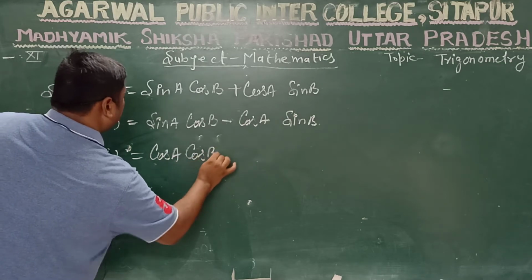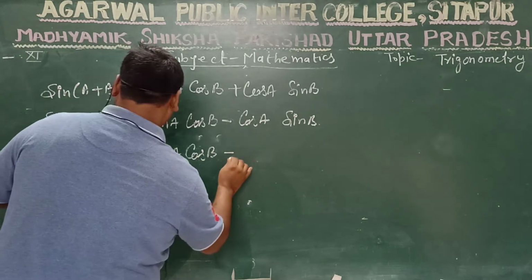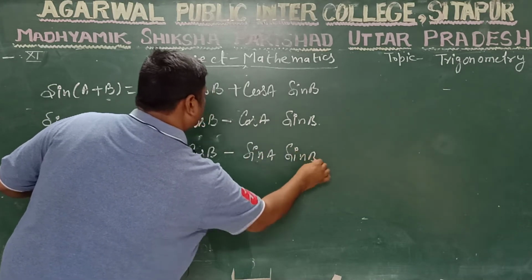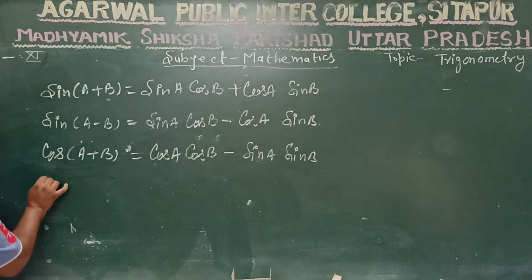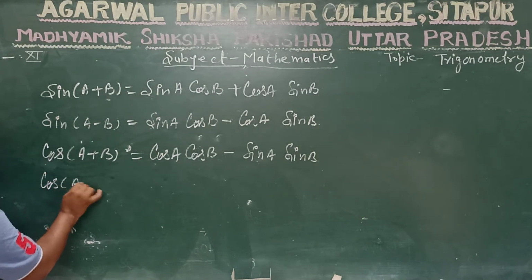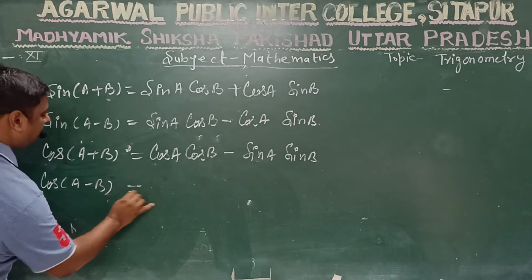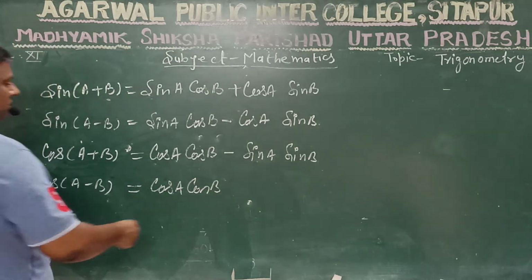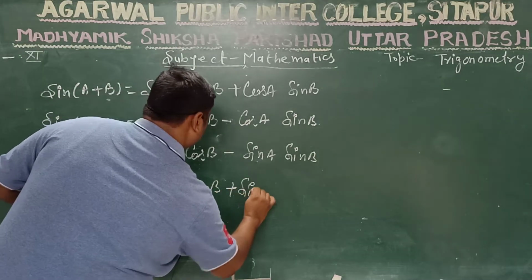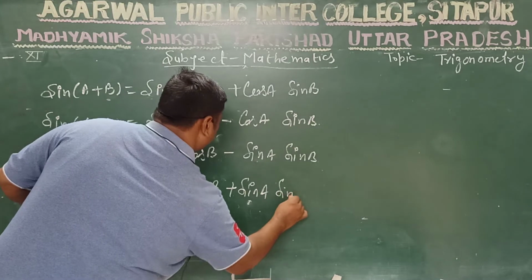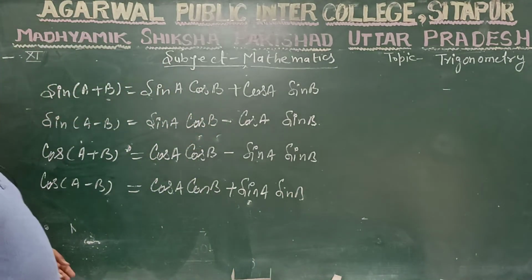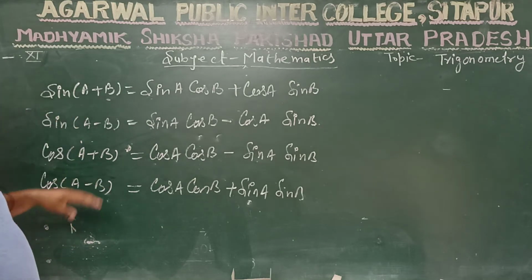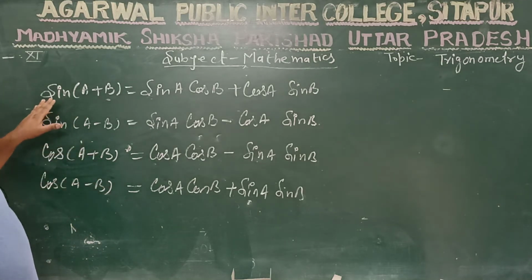Cos A plus B is cos A cos B minus sin A sin B. Cos A minus B is cos A cos B plus sin A sin B. Okay, my dear students, again we have to learn and remember these formulas.